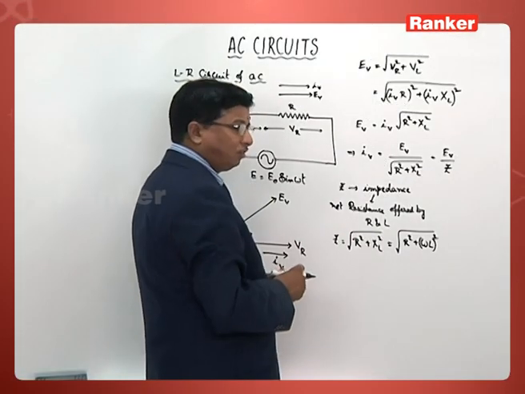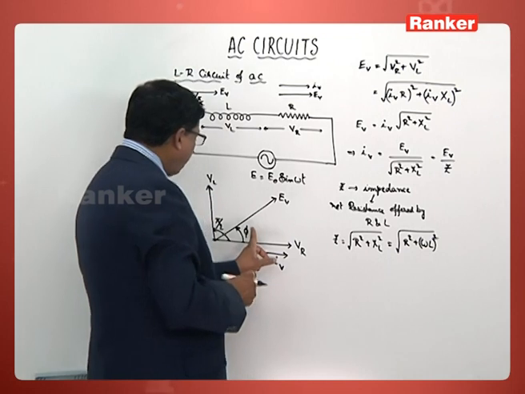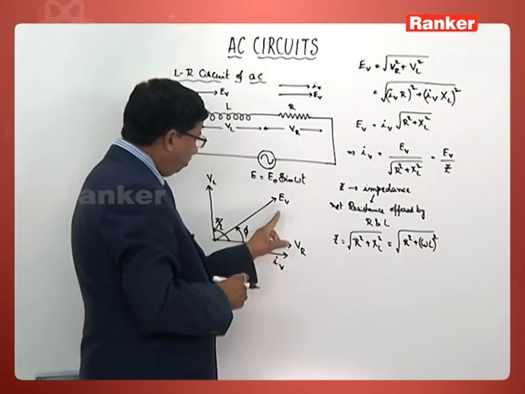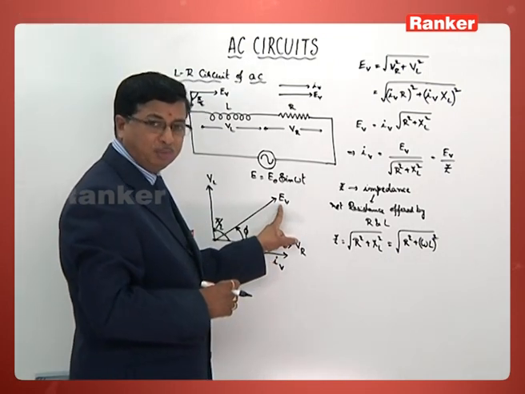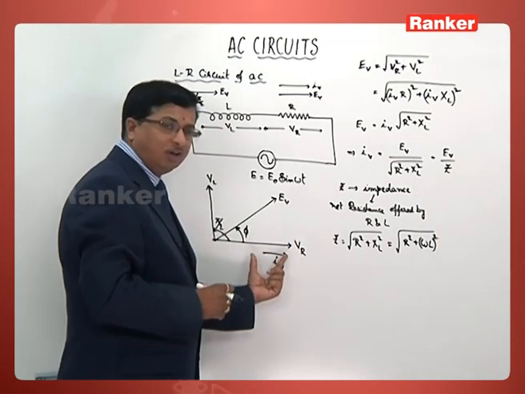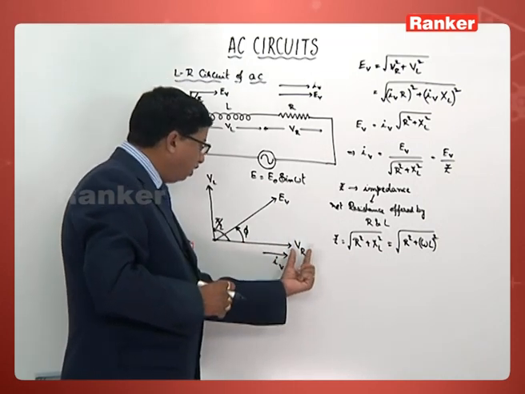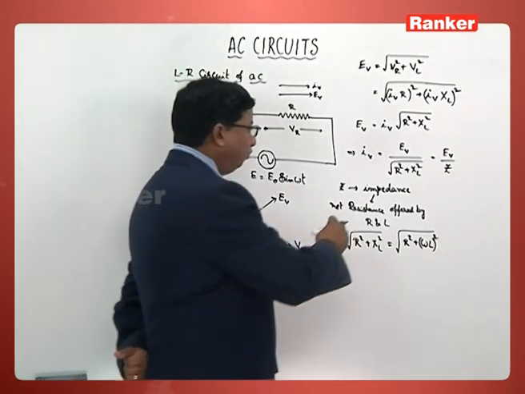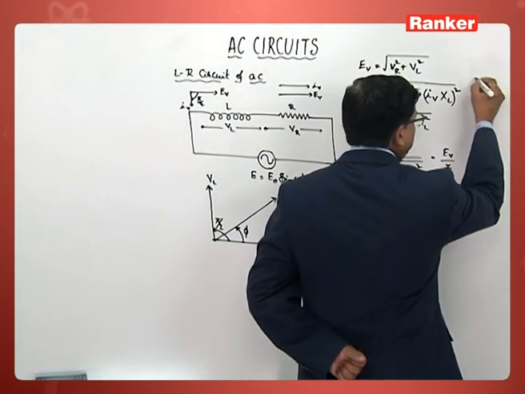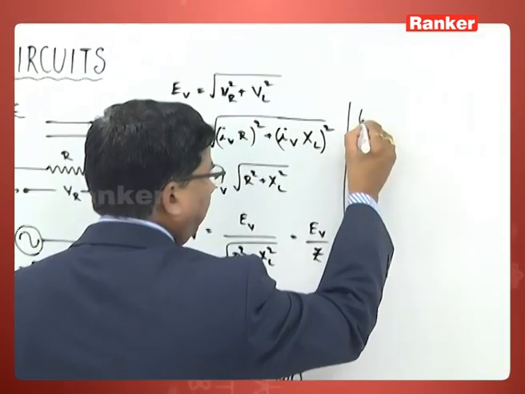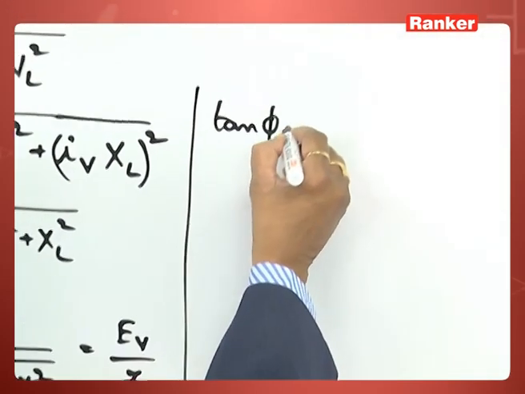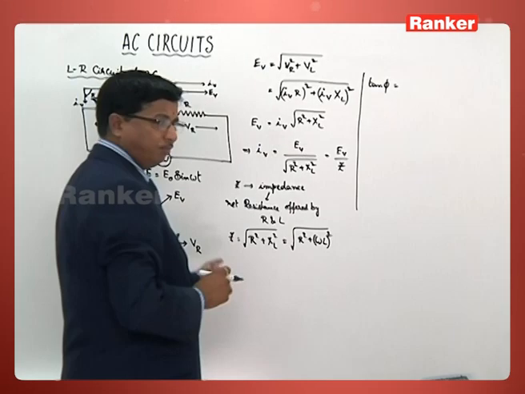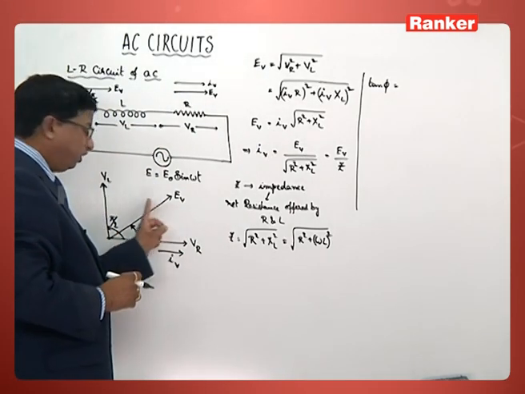Now coming to the next concept. What is the angle made by this virtual value of EMF with the horizontal? With the horizontal means with the direction of VR. That also we can calculate here. If I take tan phi from that equation, let us check this figure.